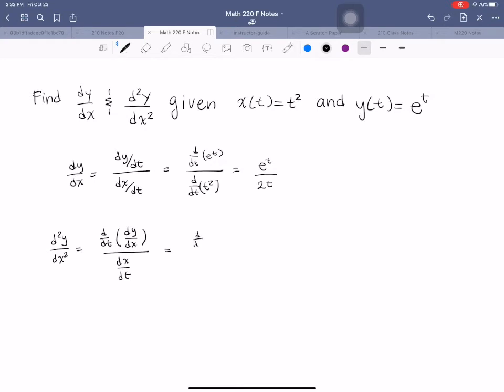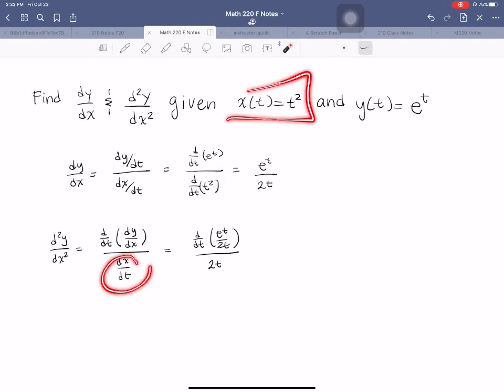So on top, I have the derivative with respect to t of e to the t divided by 2t, and on the denominator, we have just 2t, and that is again because the derivative of the x component with respect to t is 2t.